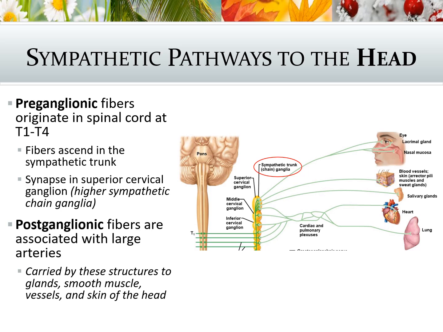Those postganglionic fibers are going to run with associated large arteries. They're not going to run with the cranial nerves like the parasympathetic system, but they're going to go to the glands, smooth muscle, vessels, and skin of the head. So they're going to go to all those regions in the head.